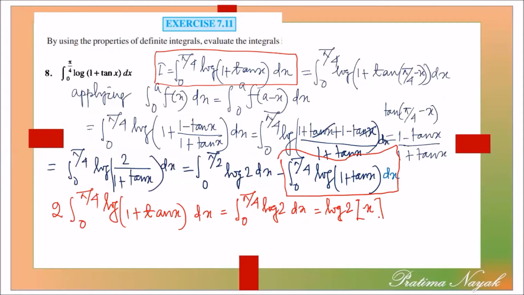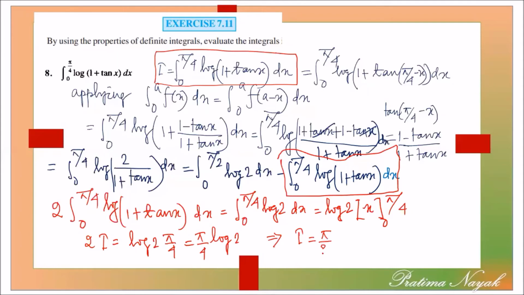And what is the limit? 0 to pi by 4. So what am I getting? I am getting twice I is equal to log 2 into pi by 4, or I'll write in this order, pi by 4 log 2. So the required integral is pi by 8 log 2. So this is the answer.